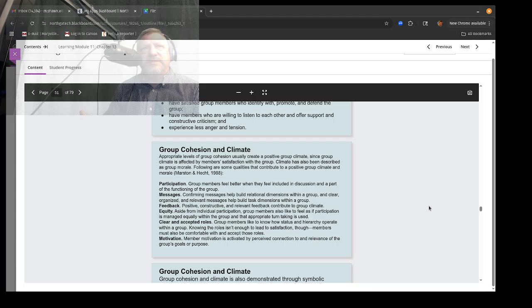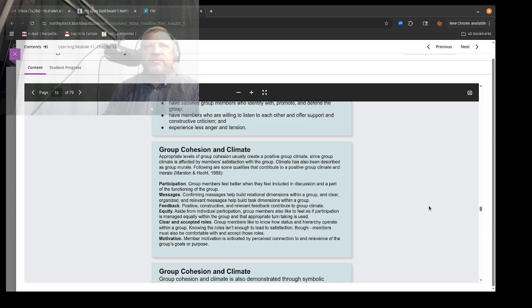Confirming messages can build relational dimension within the group. Clear, organized communication and relevant messages can help task dimension within the group, meaning everybody feels better, everybody understands. Feedback. Positive and constructive and relevant feedback is essential to positive group climate. Equity. All the members of the group need to feel important, special, and a part of the group.